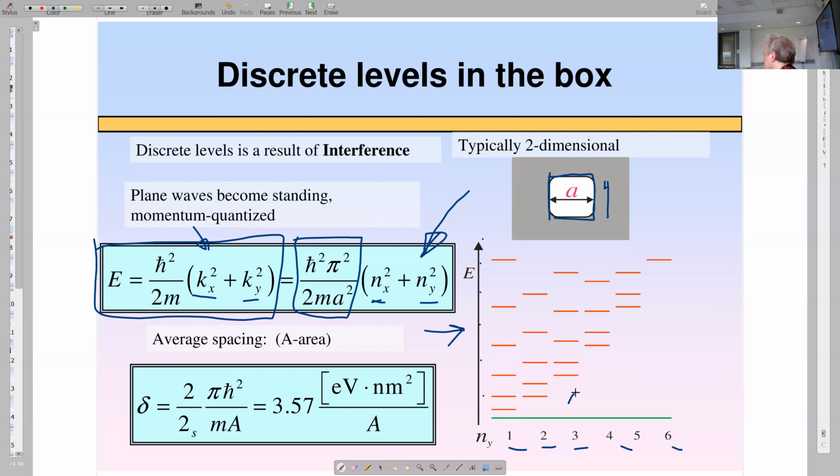So on average, in a two-dimensional situation, the average spacing between the levels does not depend on energy.